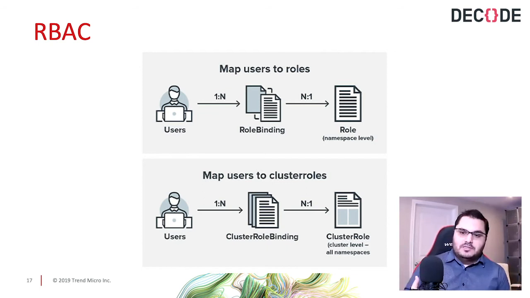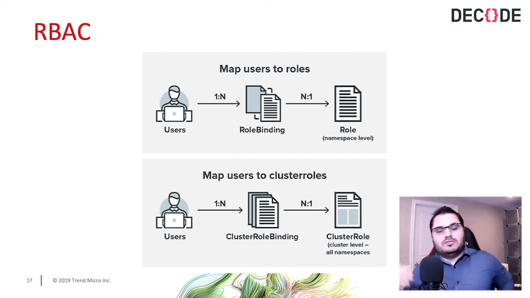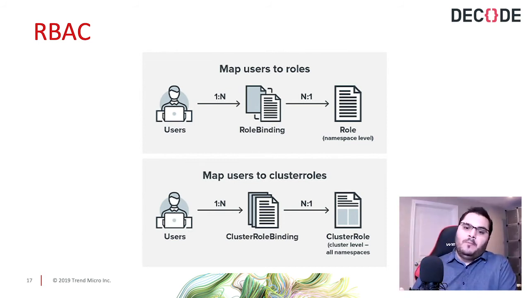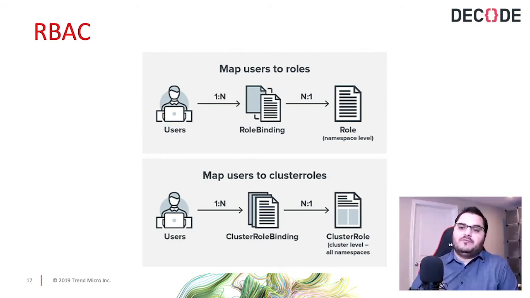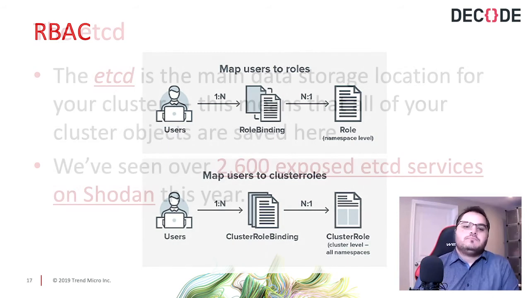Basically, the main difference is that on the role object, the permissions are set on a namespace level, and on the cluster role, the permissions are on the cluster level, right? So they are broader and more permissive, so you have to be very careful with that. And the cluster role binding works the same way as the role binding, but binds the cluster role's permissions to the set of users.